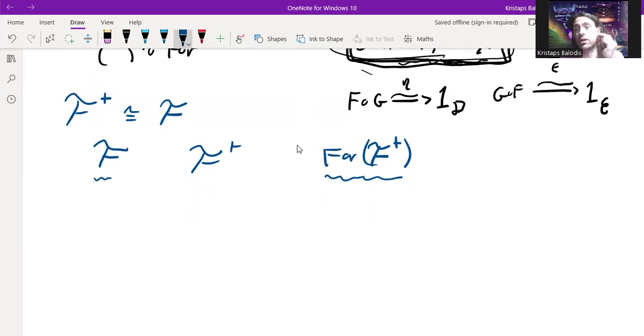So in order to really compare F, because a priori I don't know what F is, well, how do we compare objects? Well, I should have some sort of morphism, right? There should be some sort of map. So let's try and come up with a map that compares F to the forgetful functor, right?